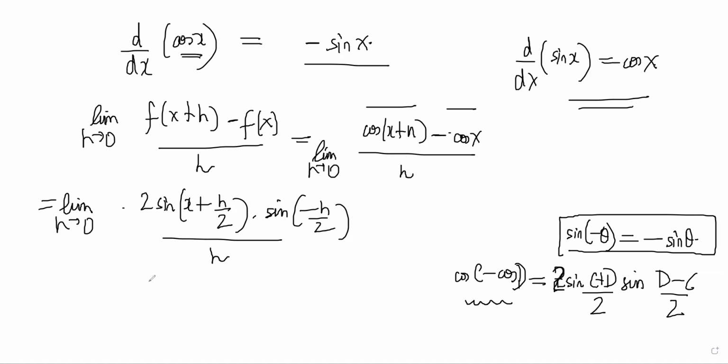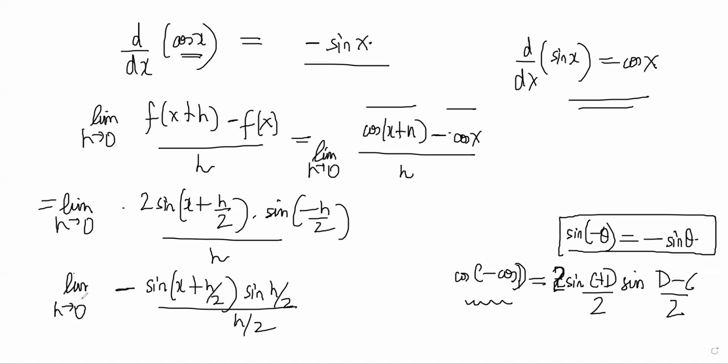So this becomes sine of x plus h by 2 minus sine of h by 2 by h by 2, right? Do you see how I'm getting h by 2 in the denominator? Yes, sir. I have brought this down and I have kept this as it is, and I have written sine of minus theta as minus sine theta, right? Yes.